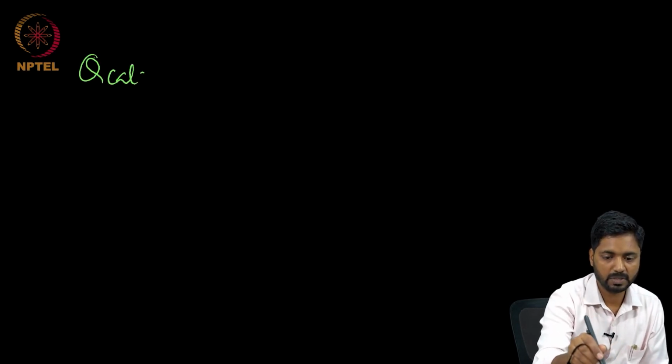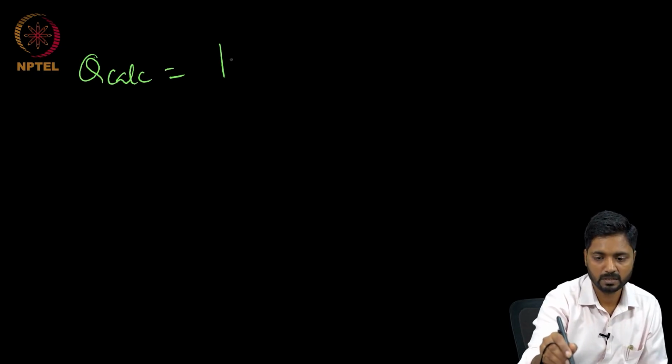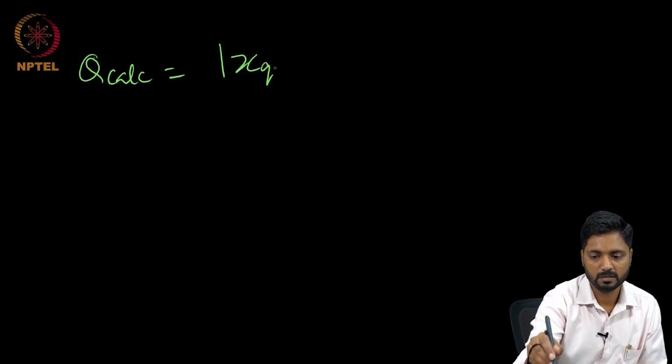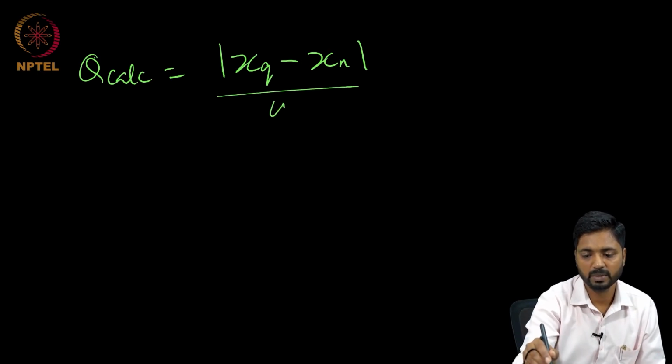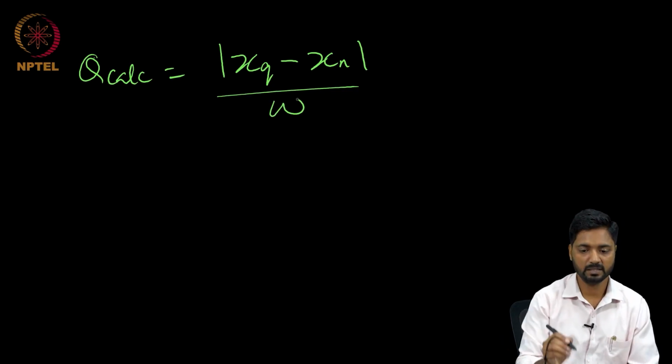What we said is that the Q calculated value is the questionable reading minus its nearest neighbor divided by the spread of the data.